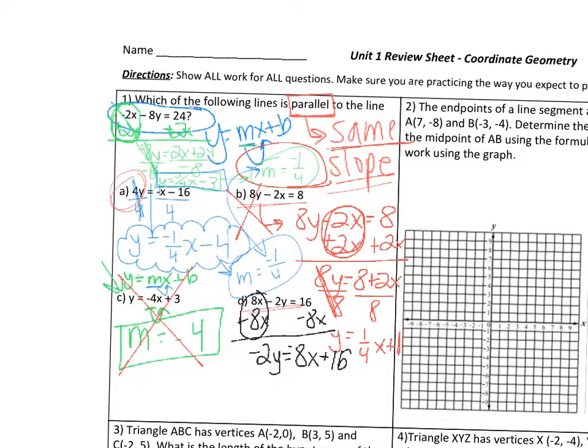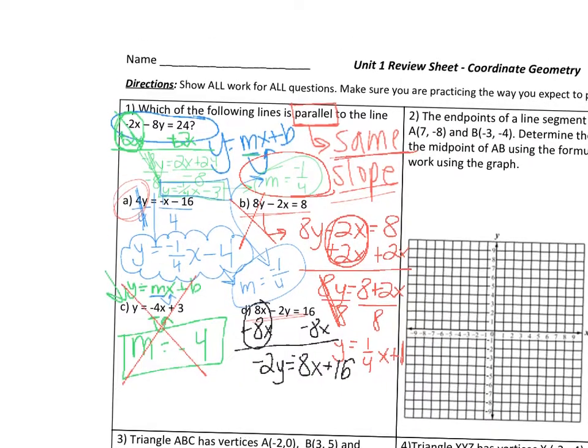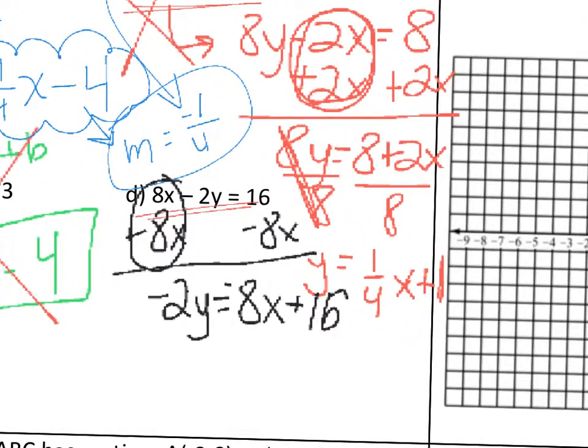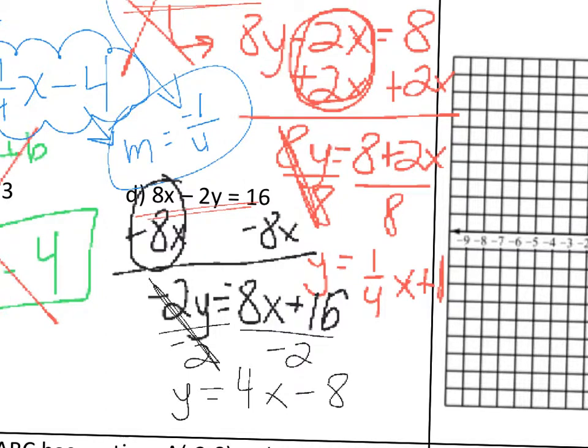Just make sure you keep the signs with the correct numbers, and the commutative property tells us that we're okay to rearrange them. Again, we have a coefficient next to y, so we have to divide both sides by that coefficient, and when we do that, they cancel out. And we're left with y equals negative 8 divided by negative 2 is positive 4x, and positive 16 divided by negative 2 is negative 8.